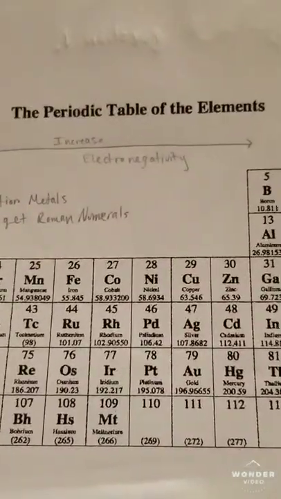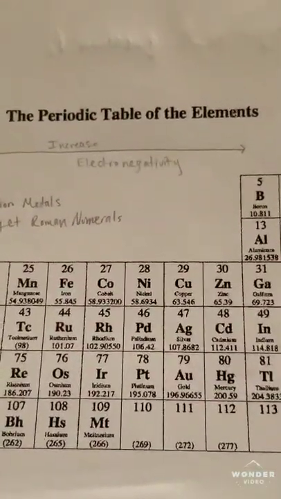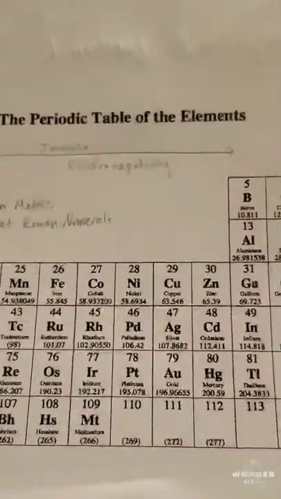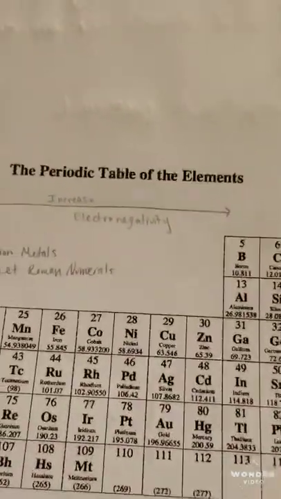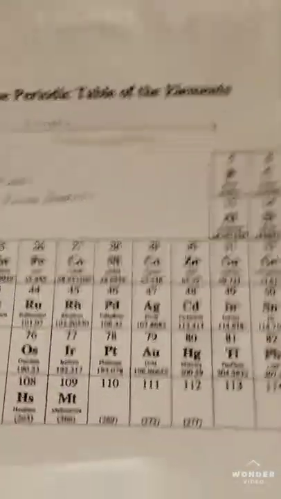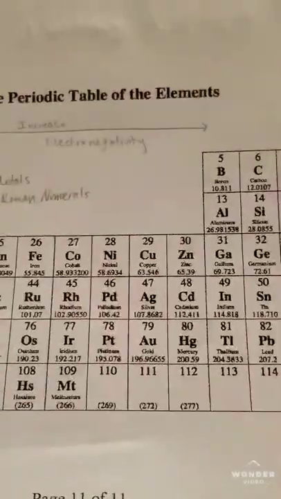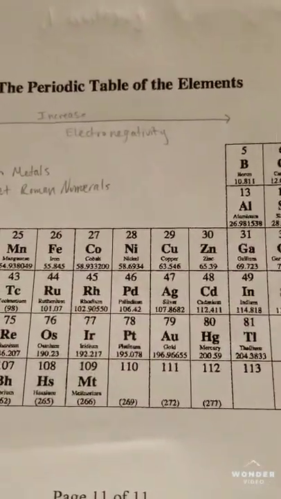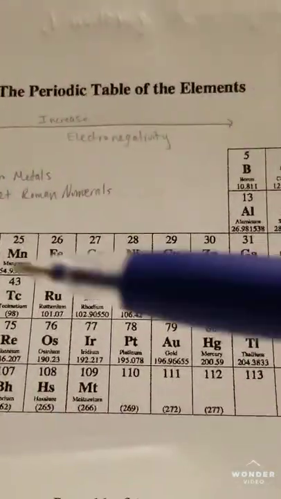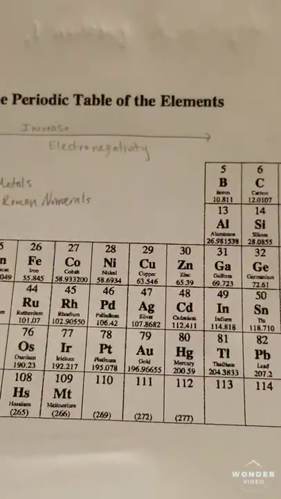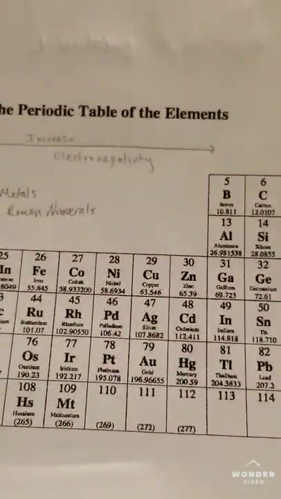PB, lead, number 82. So go ahead and write in lead. F is Na, which most people would be like, what the heck is Na? It is sodium, so that's number 11. So go ahead and write in sodium for 1F.